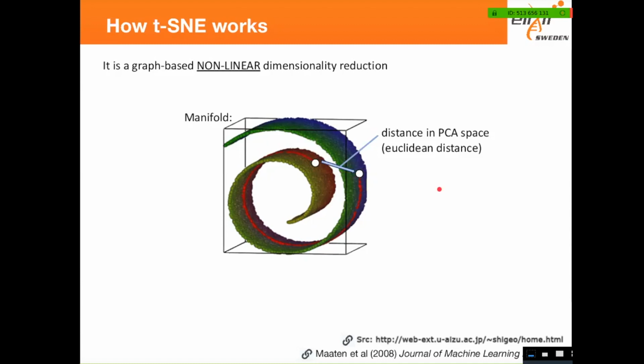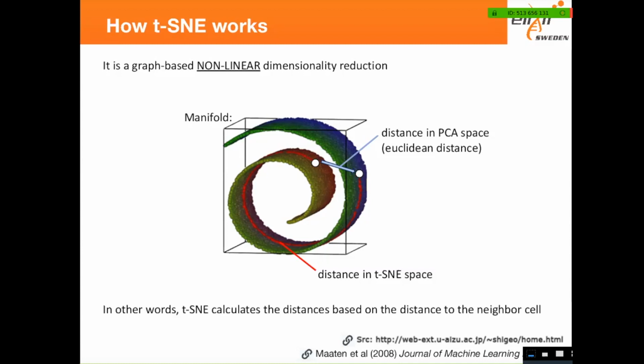What tSNE tries to do is to find the distance between those 2 dots, but now considering all the neighbors that it has close to them, or the neighbors that can link them together. So actually, there are no cells in this space. So the nearest neighbors will be always here, here, here, here, all the way there. So this is the distance that you get in the tSNE space, let's say. In general terms, of course, because there are many parameters to change that. So tSNE will calculate the distance based on the weight of the neighbor cells.